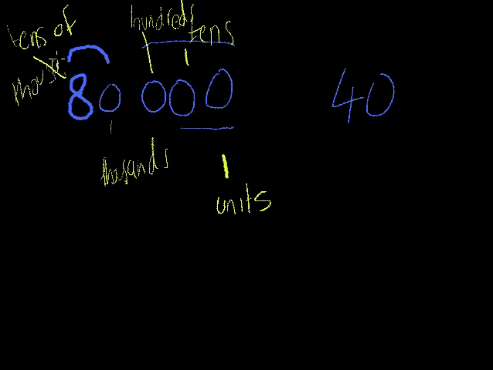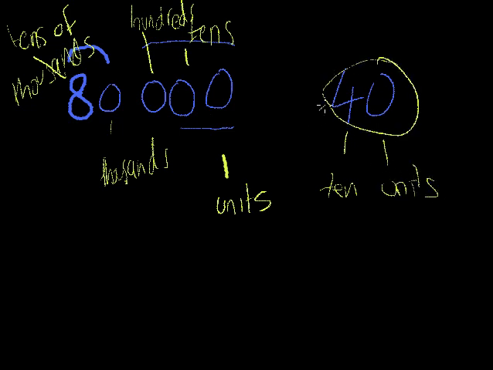The important thing to realize is if you're writing 80,040, then the 40 is divided into tens and units. So this would fit right here. And so your final answer should actually not be that difficult and should just be 80,040.